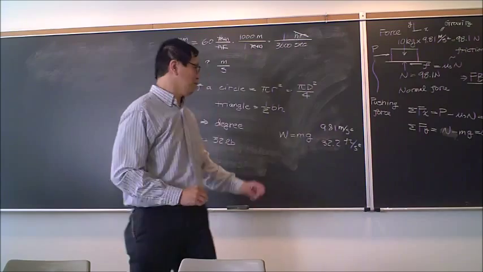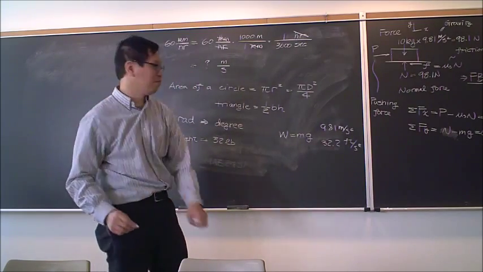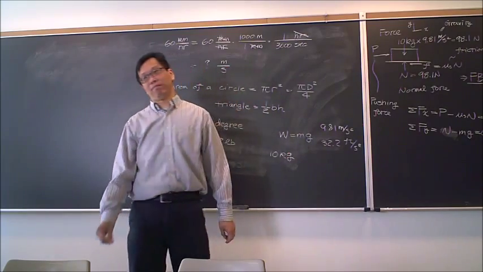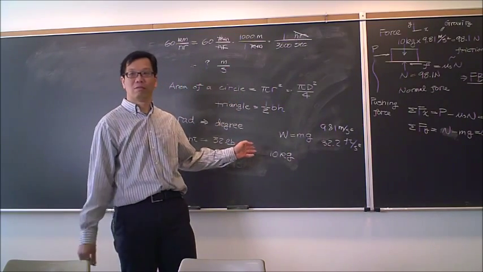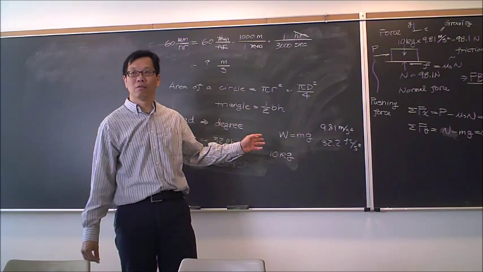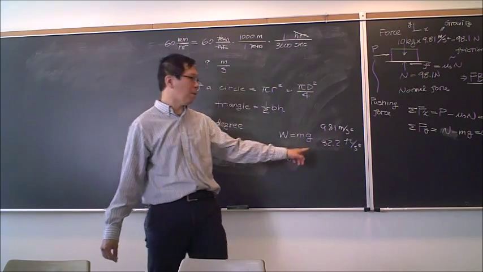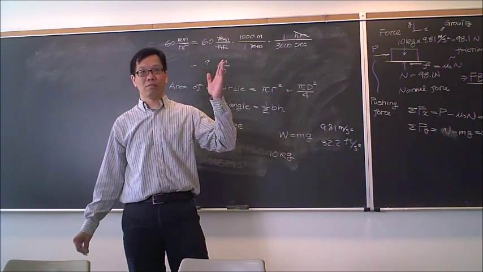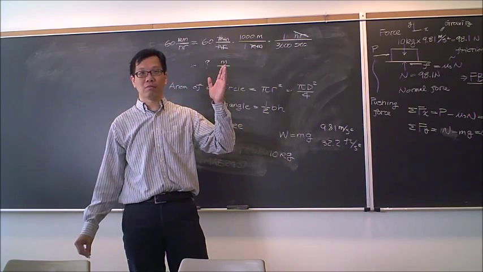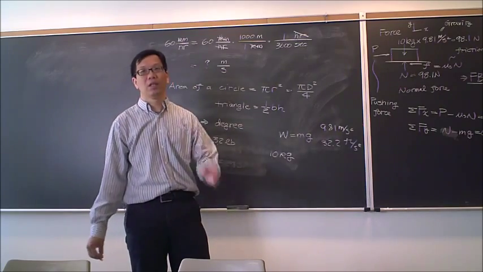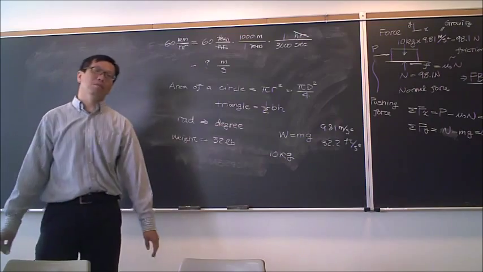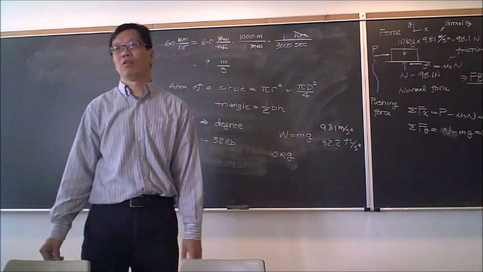So, this is the first question. Second question. I'm giving you 10 kilograms. I want to know the weight. What do I need to do? 10 multiplied by 9.81. So you get 98.1 Newtons. Anybody has a problem with that? No. Okay, very good. Now, I'm giving you the weight is going to be 32 pounds.